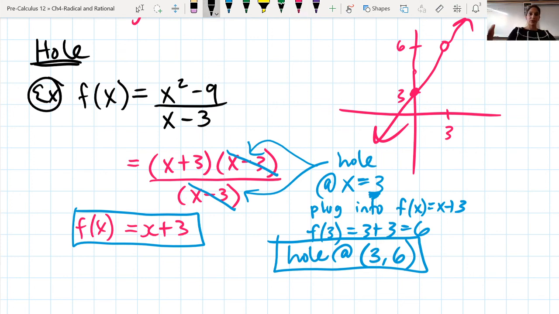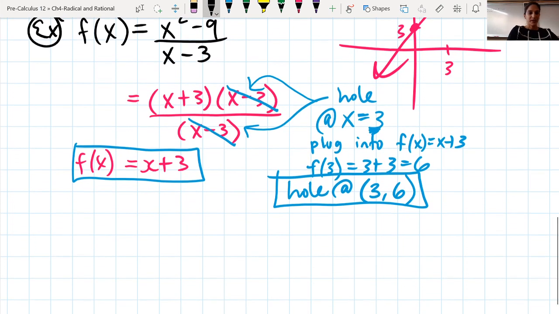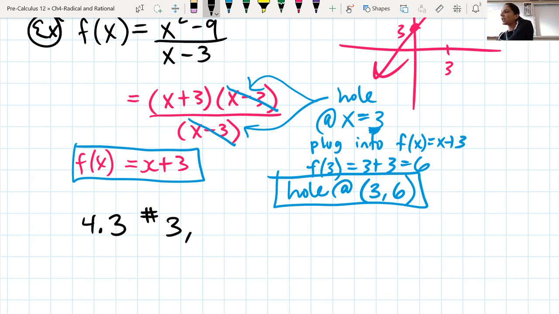That's it for today's work. And basically for section 4.3, as I promised, I am giving you a condensed, sort of like a Coles Notes version of your math lessons while you're doing them online. So you're going to be doing numbers 3 and 4 in your book.